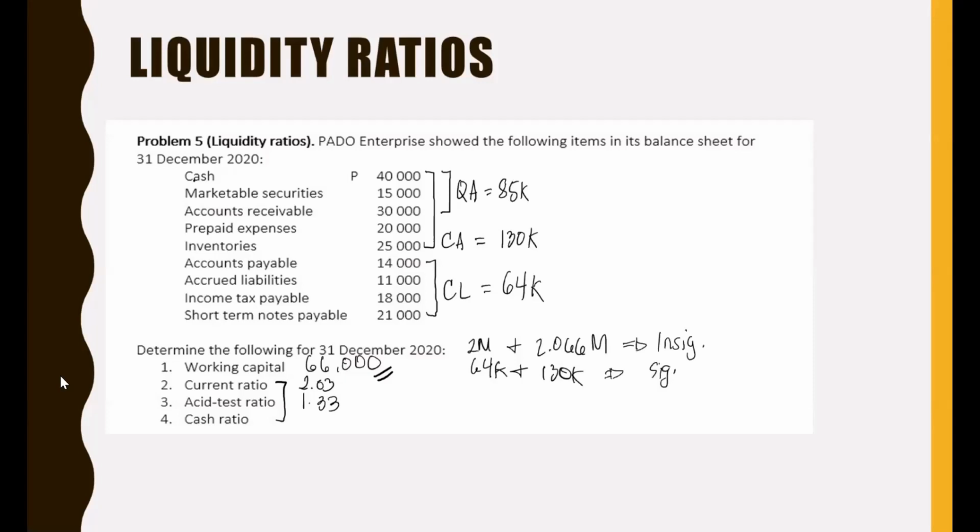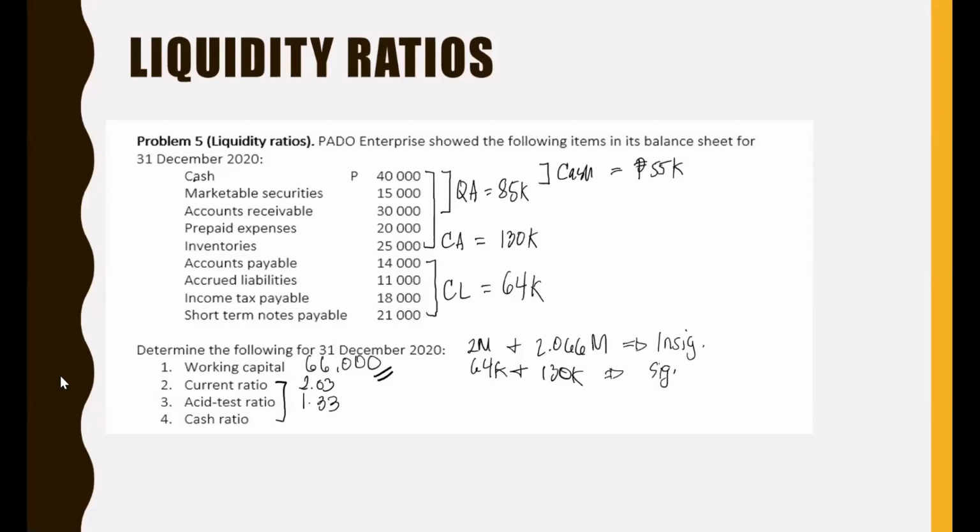So, next is the cash ratio. For cash ratio, as discussed in our previous slide, it is composed of the cash plus the marketable securities. So, our cash in the broader sense is equal to 55,000. So again, why do we include marketable securities?